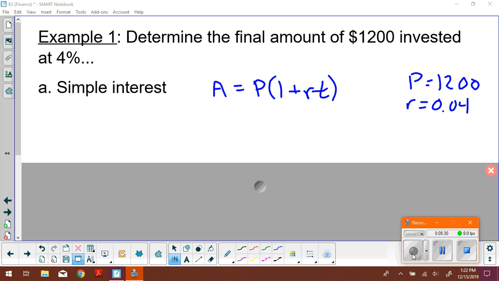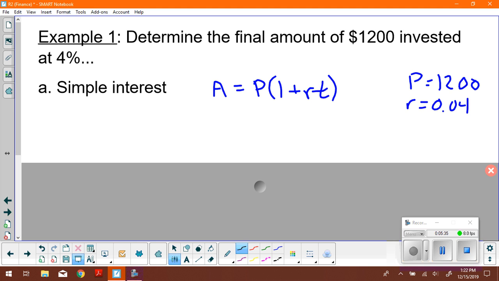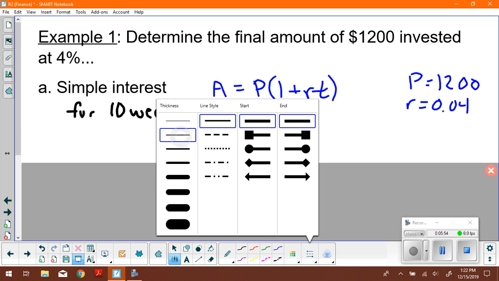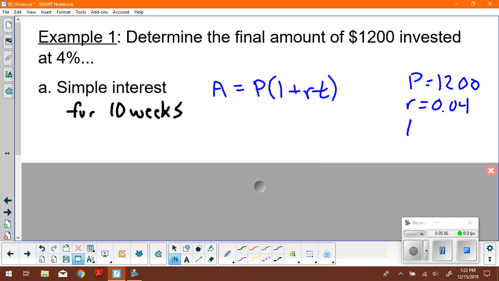I'm just realizing I didn't put a time frame on this, so I'm going to need to add something in. Let's say simple interest for, I don't know, 10 weeks. T is the time in years, so I'm going to set that as a fraction: it would be 10 over 52, for 10 weeks.